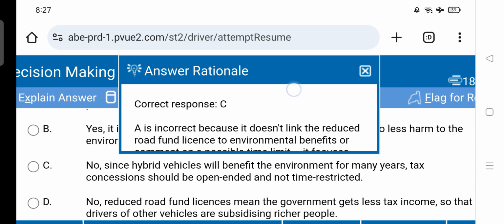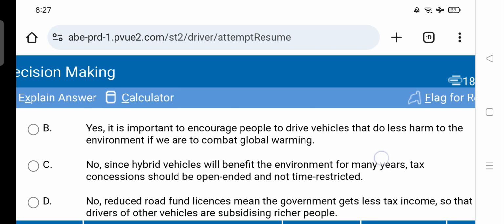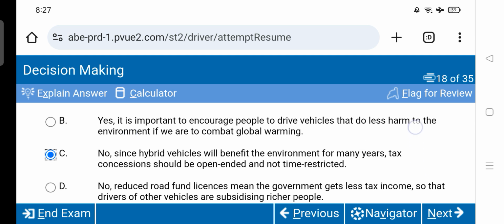So option C is correct, which says that no, since hybrid vehicles will benefit the environment for many years, tax concessions should be open-ended and not time restricted. So this is the correct option.